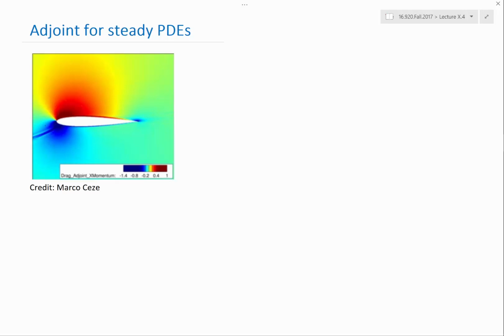So for example, here you get a blue stripe, right? Here the objective function is how much drag I have on the airfoil. The blue means that if I put a source term in the x momentum equation, if I have some magical force that pushes the fluid toward the x direction in the blue region, I'm going to actually do the other way.